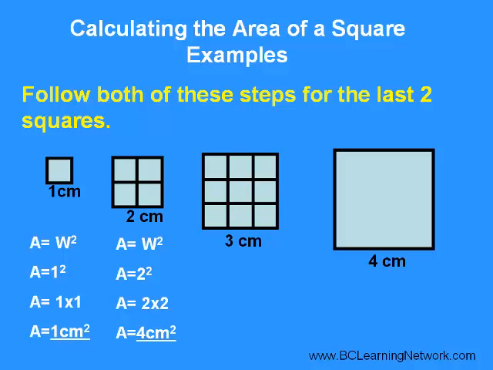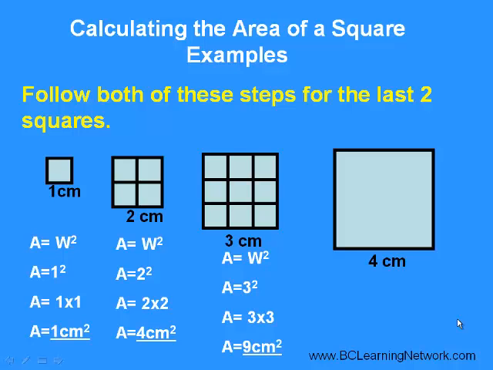For this third square, there are 9 unit squares that would fit inside. And for our formula, width would be 3, so A equals 3 squared, which is 3 times 3, or 9 square centimeters.